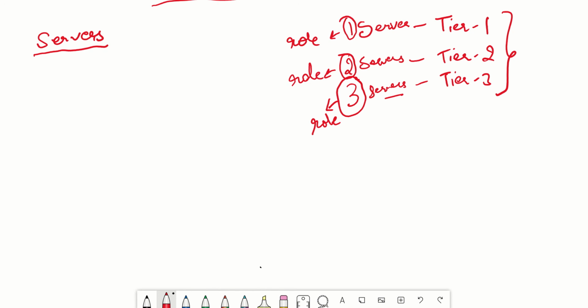Now in SharePoint there are majorly three server roles. If we talk about today's scenario, how SharePoint 2019 works, we have multiple types of servers and roles which we can define, but majorly we have three sets of servers. Number one is our database. Here we generally use SQL.